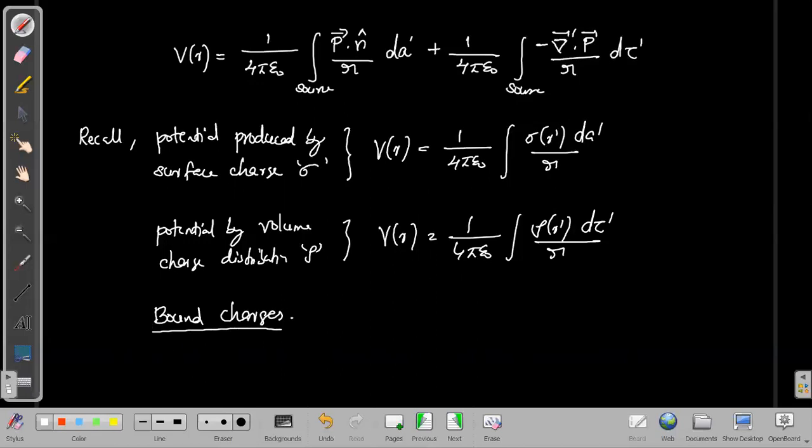Due to the polarization, we get the volume bound charge density rho b, equal to minus del prime dot P, and the surface bound charge density is given by P dot n cap. So we can see why such bound charges come while polarizing the insulator.